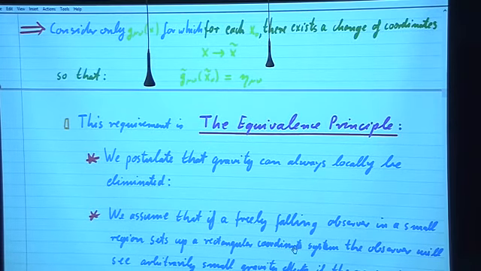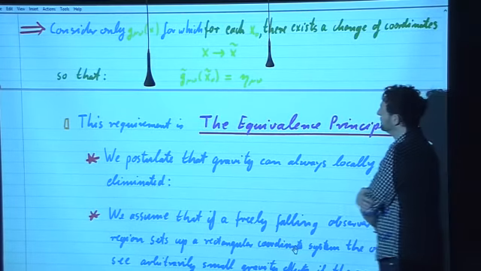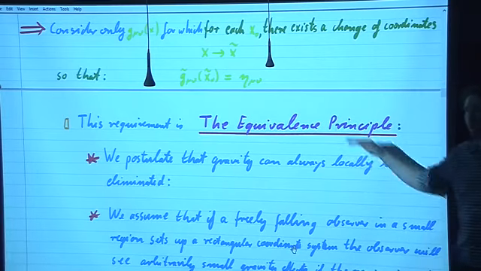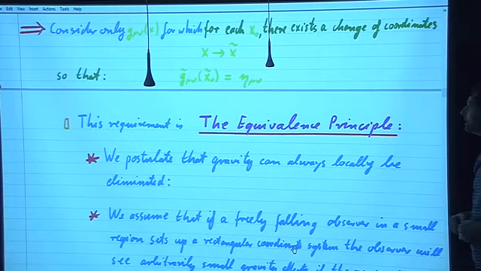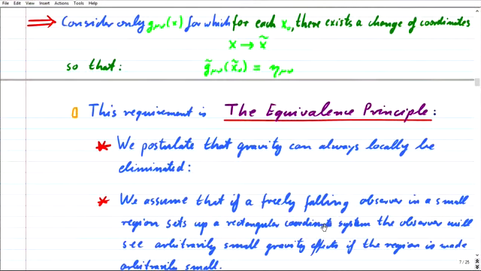Because what it says is that we may not have special relativity globally, but we require special relativity locally. We require that at every point, there is a coordinate system that you can choose such that at that point, this is the metric, and therefore close to that point, the metric is not all too far away from that.